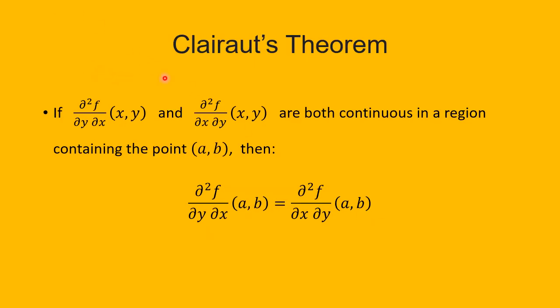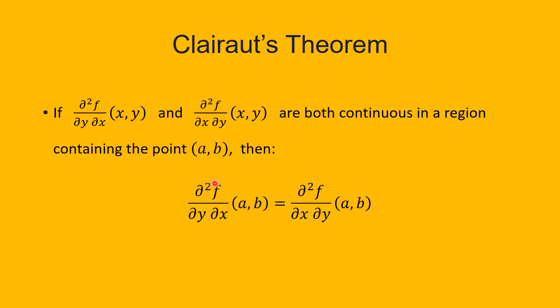Here's a result that we'll need a little bit later. It's called Clairaut's theorem. If the second partial of f with respect to y and x at x, y, and the second partial of f with respect to x and y at x, y are both continuous in a region containing the point (a, b), then these two mixed partial derivatives are equal at the point (a, b).